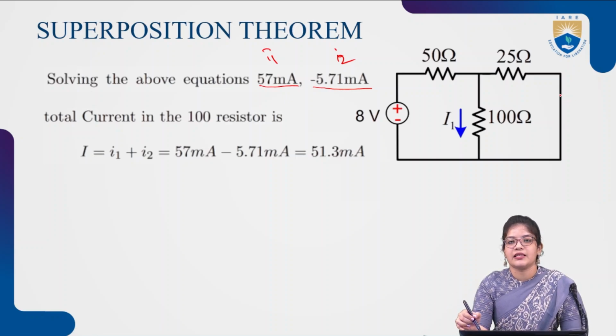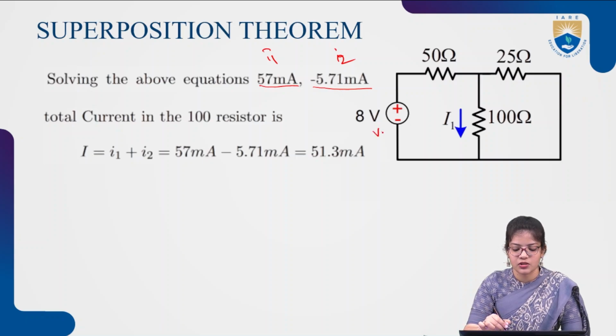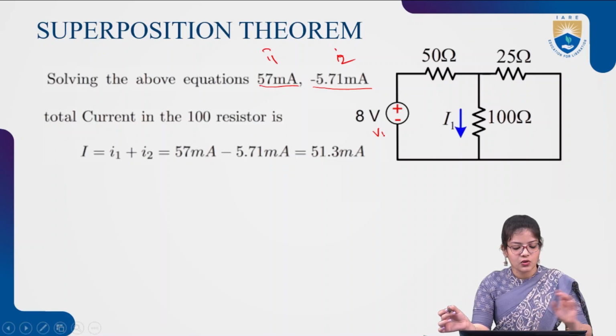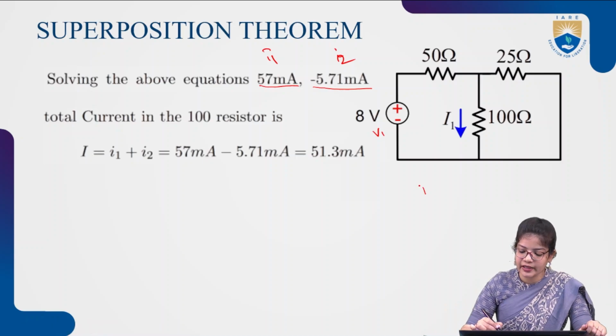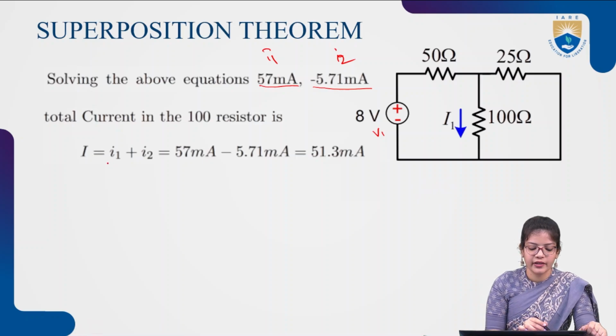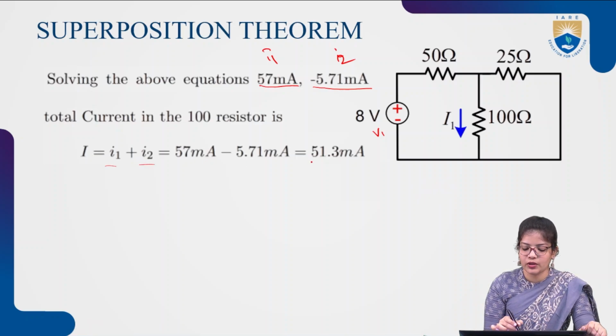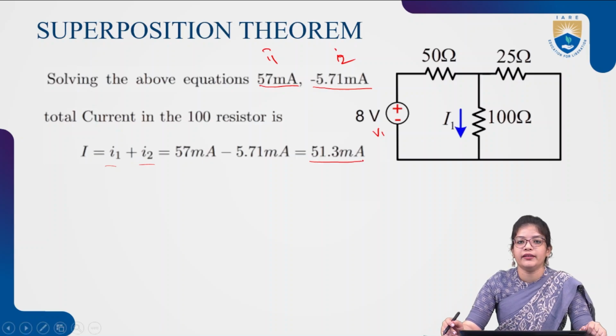As it is a voltage source, I have short circuited it, so there is only one source, V1. To calculate the current Ix, I have added I1 and I2, which gives 51.3 milliamps. The Ix value is 51.3 milliamps.